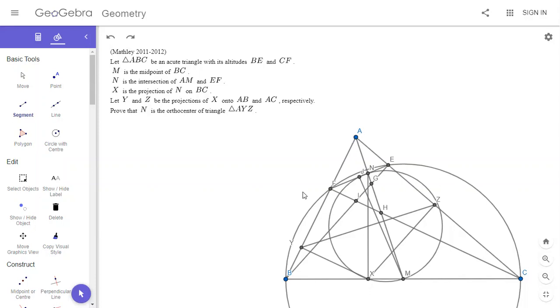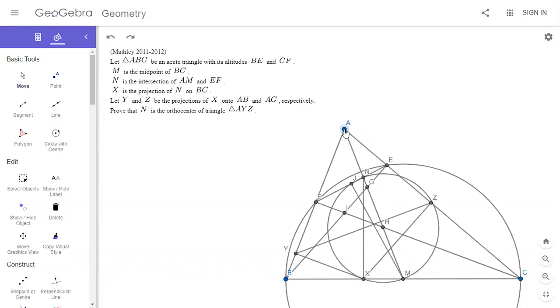Can I show ANF is equal to AXM? I feel like I'm close on this, but I'm just stuck.